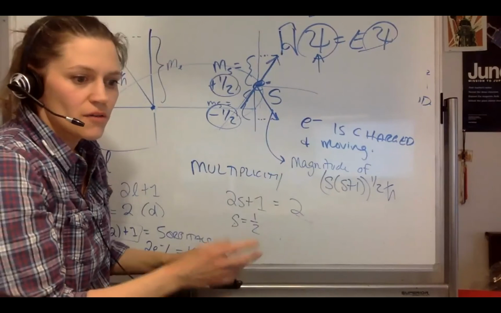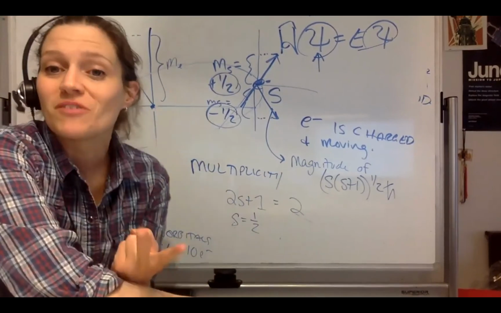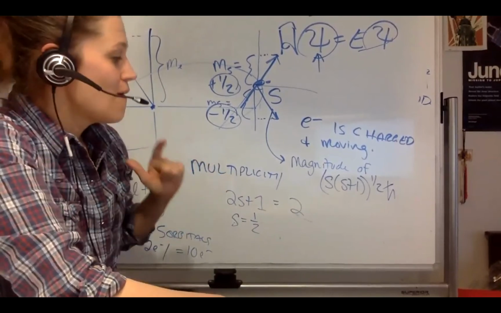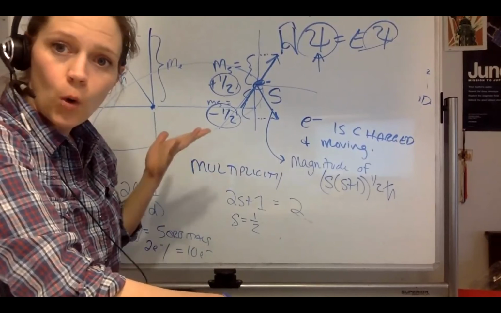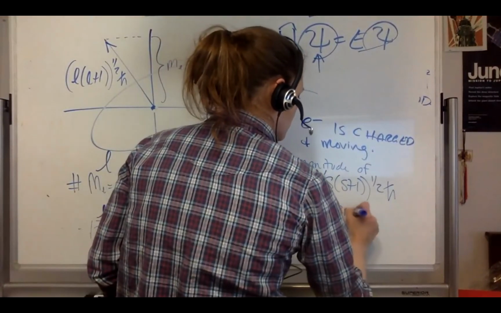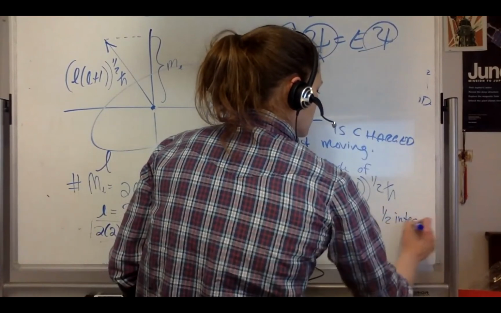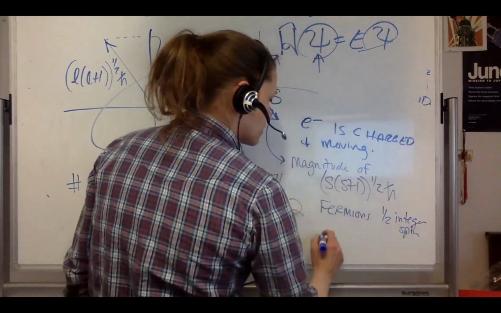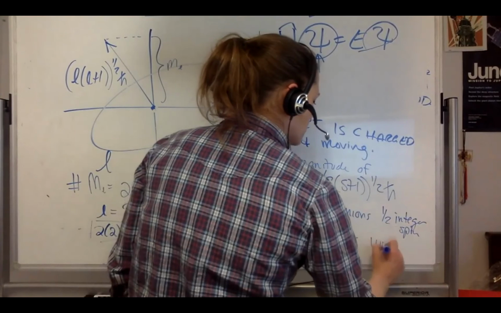Go team. The other thing about this is there are 2 types of matter, fermions and bosons. Fermions have half integer spin, and bosons have integer spin.